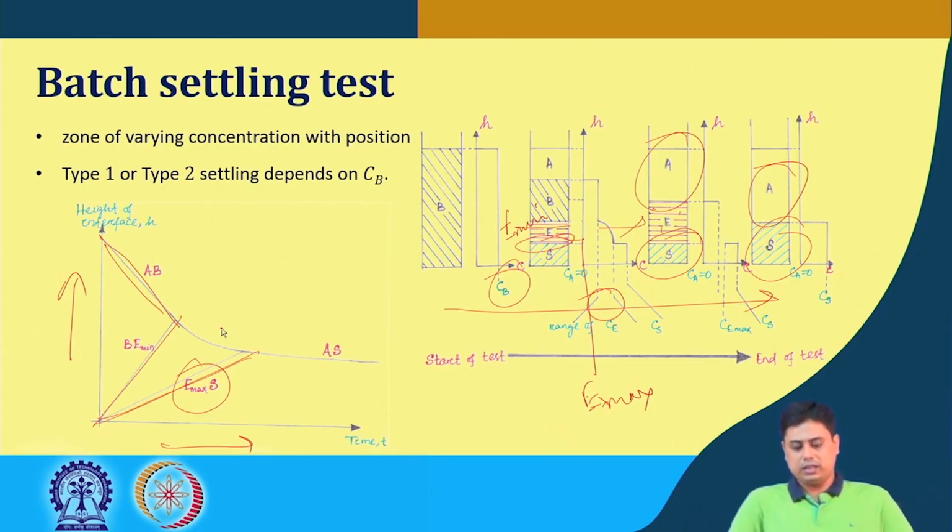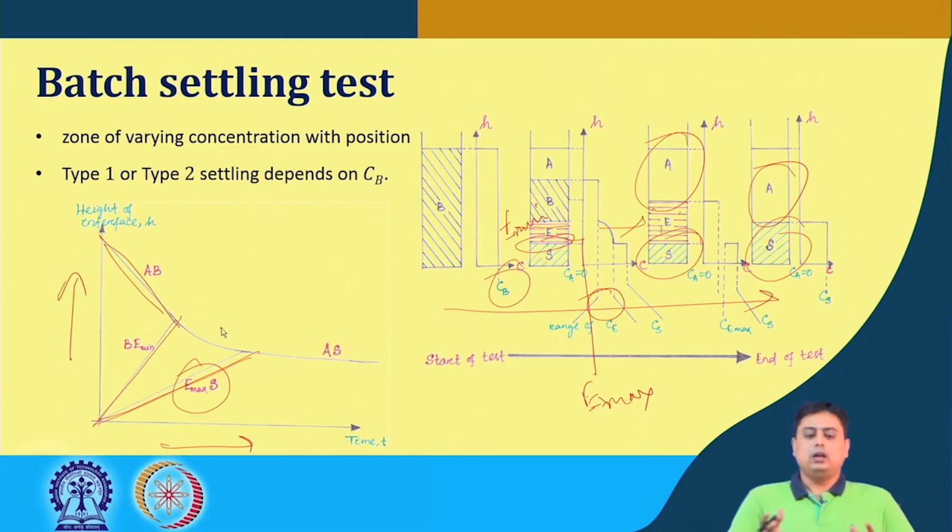Continuing with this discussion, the reason why such a thing happens: typically this settling test phenomena are observed more or less accurately in case of fine particles or dilute suspension. In case of concentrated suspension, there will be some deviation from this observation.